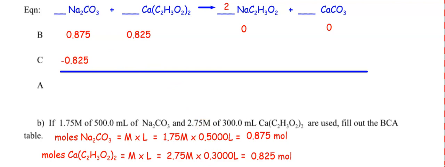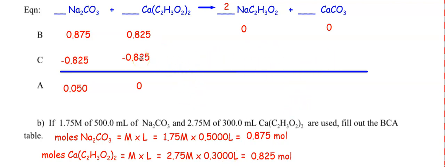So if it's a 1-to-1, whichever one I have least amount of is going to be my limiting reactant, and that's your calcium acetate. So I'm going to subtract 0.825 on both sides, or on both reactants. So I'm going to get a 0 here and a 0.50 moles of sodium carbonate. So now what? I need to fill out the rest of these, don't I?